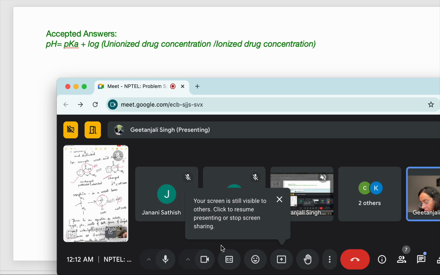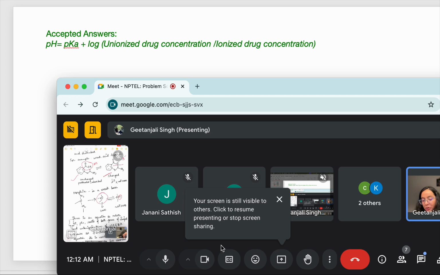So we know that morphine is a weak base. When it's ionized, it gets protonated to NH plus.